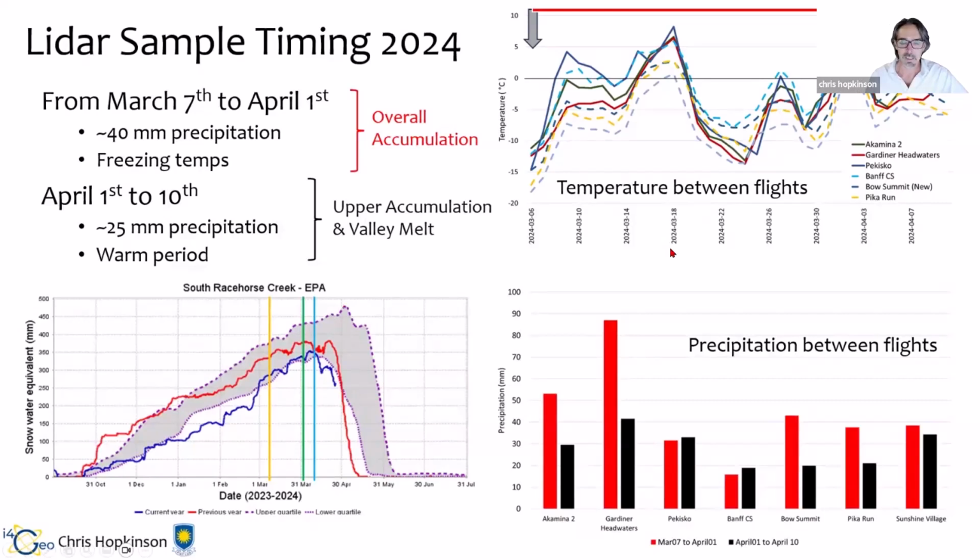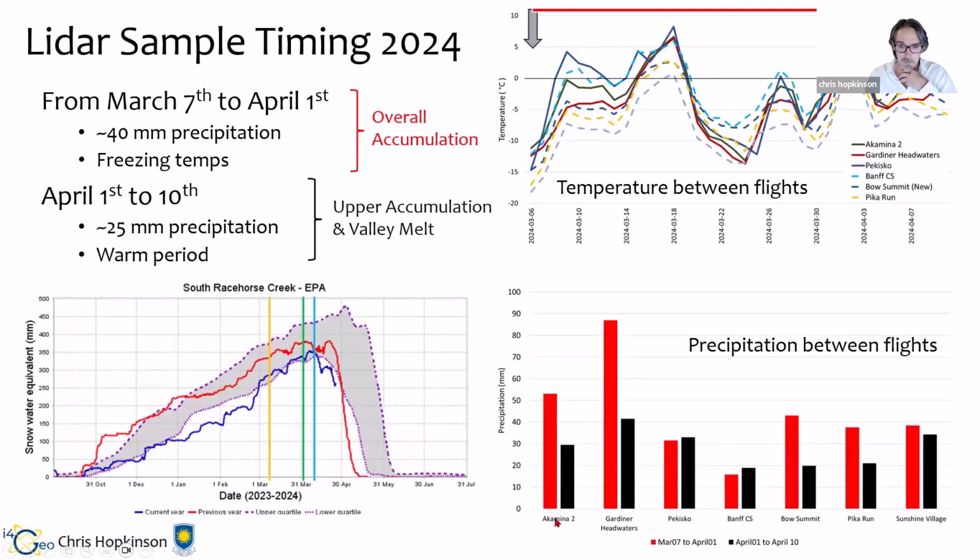And I think you can maybe understand that if you look at the temperature tracks for many of the sites throughout our study area. It was generally pretty cold between March to April. A few days above zero, but not a lot. And then between the last two surveys in April, it was predominantly above zero, so it was quite warm.